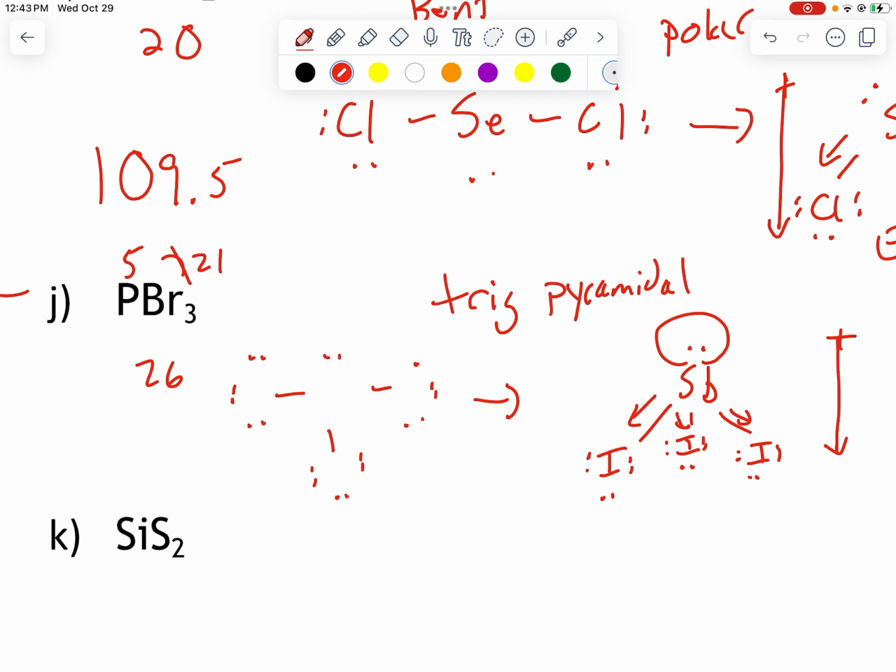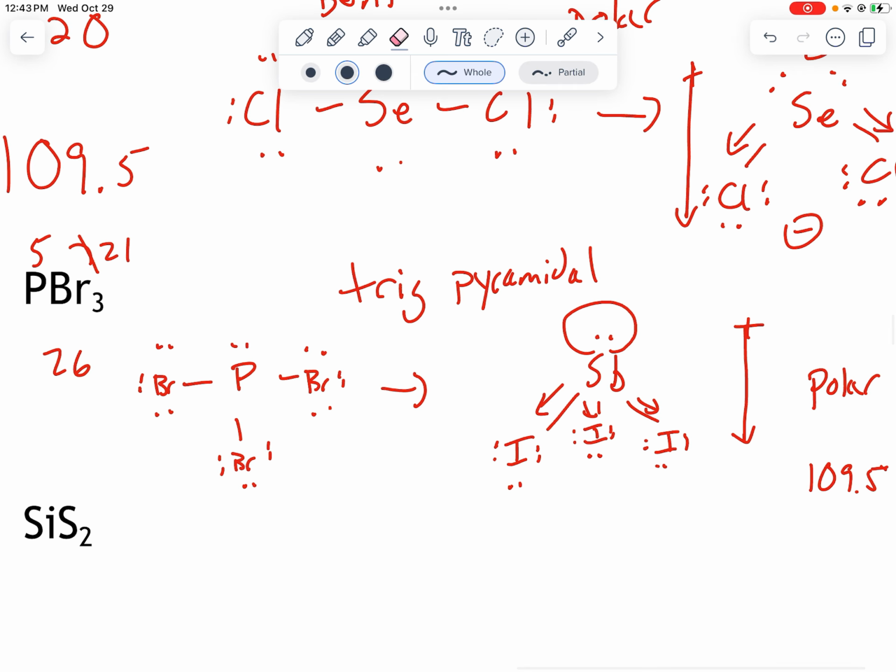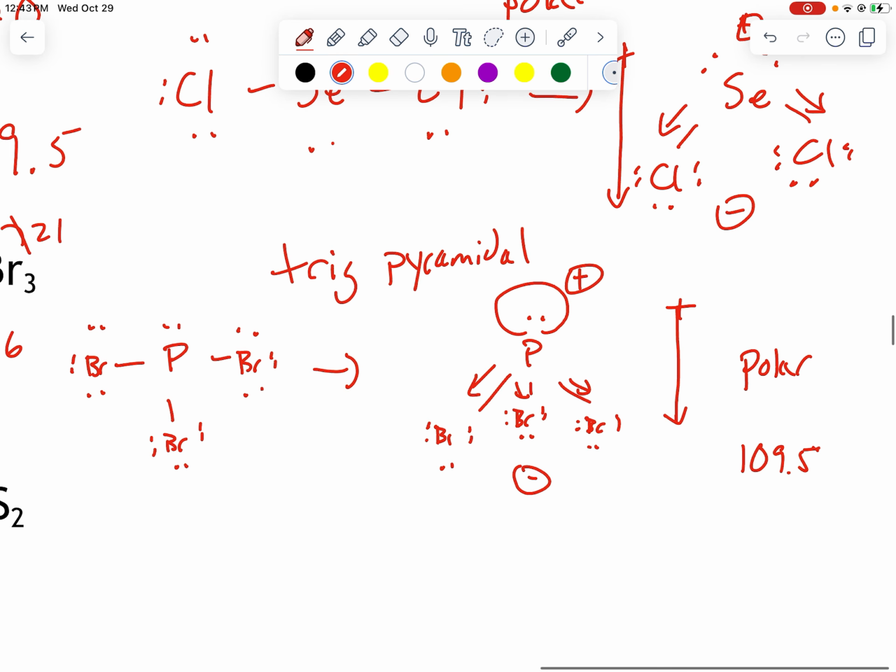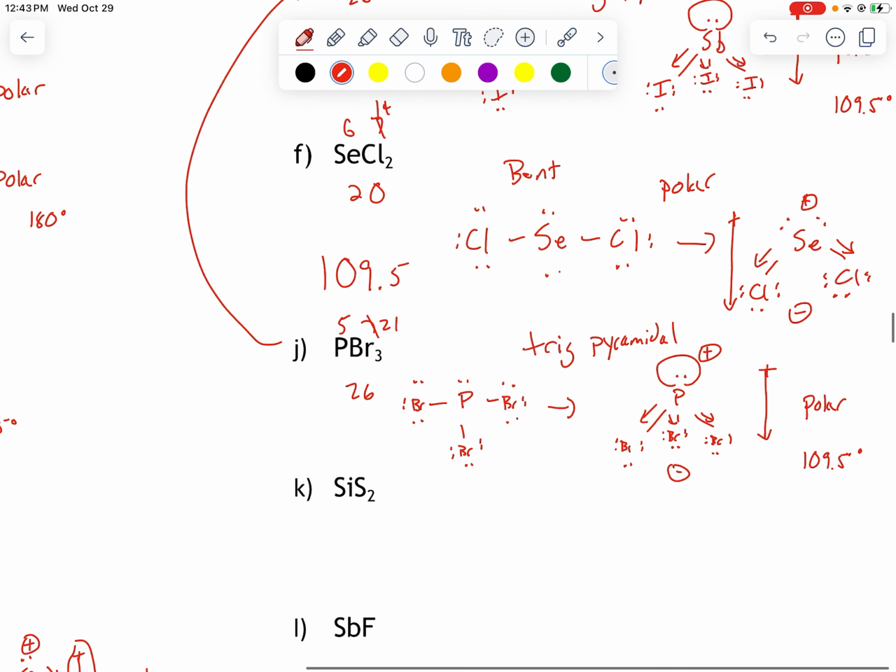So we have phosphorus, bromine, bromine, bromine. Same thing here. Love it. And bromine and phosphorus behave in the same direction with those arrows. So more electronegative, electropositive. 109.5 for the bonding angle. It's polar. Hey, look at that.